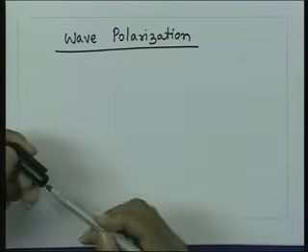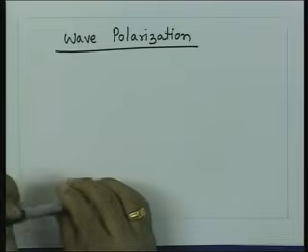And this is a very important phenomenon for any electromagnetic wave, because any wave you take will have a direction and magnitude of the electric field, and in general it will vary as a function of time. So, every wave will have a definite state of polarization.